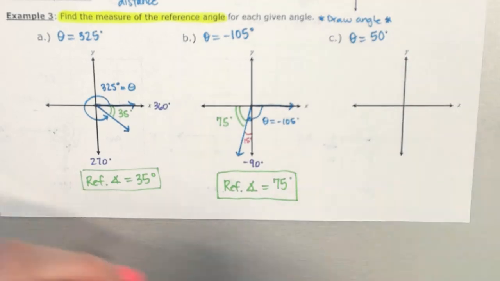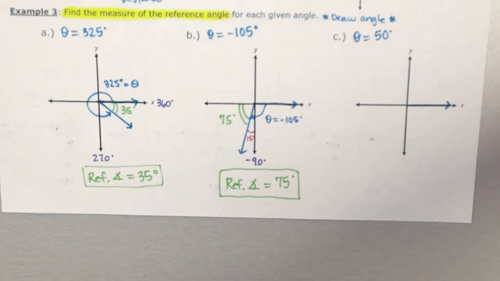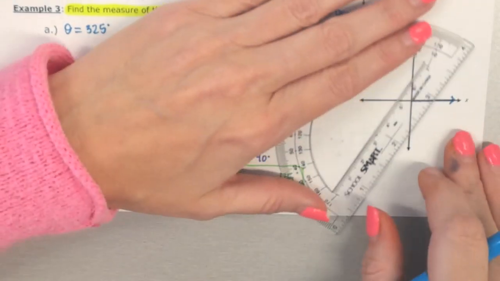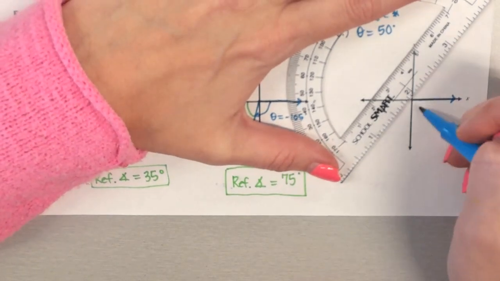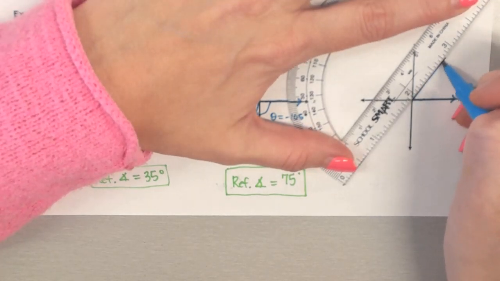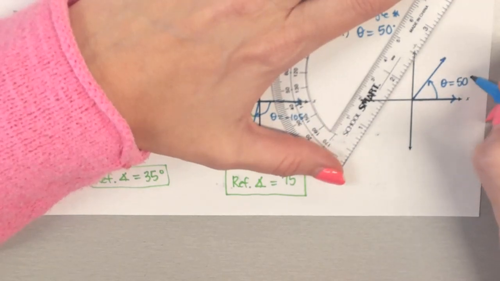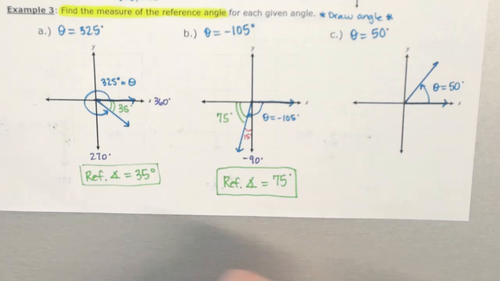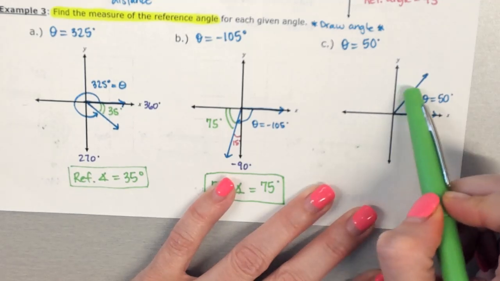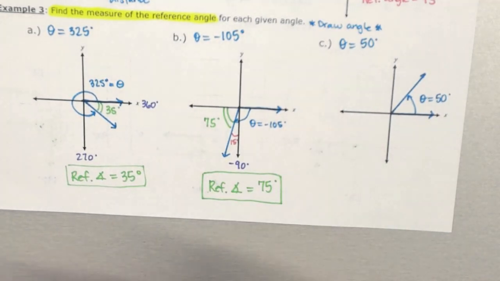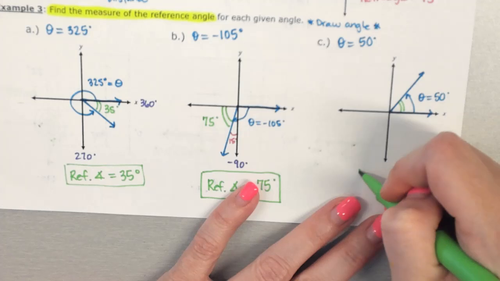The same thing, right. So in quadrant one, this is special because you are always going to get the same angle because it's the shortest distance. So I would say, all right, that's halfway, so I'm going to adjust a little bit. Okay, and this is your theta equals 50 degrees. When you are doing the shortest distance to the x-axis, it can't be this. It will go past that axis. If you're going past an axis, then it's not the shortest distance. The shortest distance is just the way that you came. So your reference angle is going to be 50 degrees.